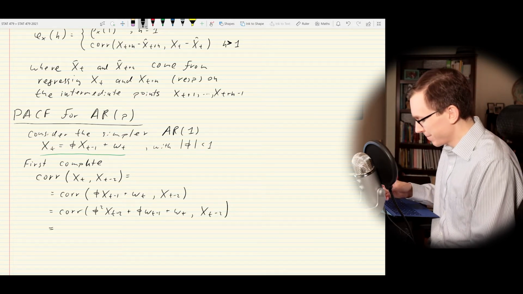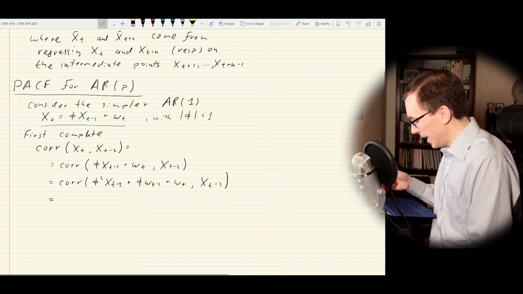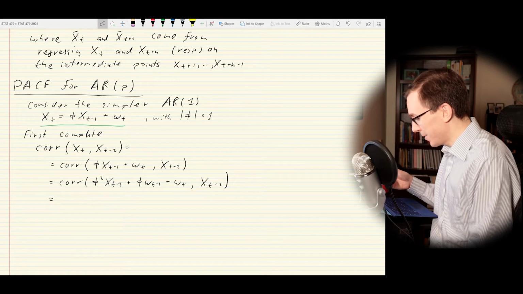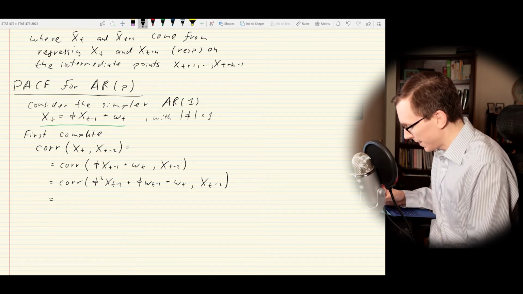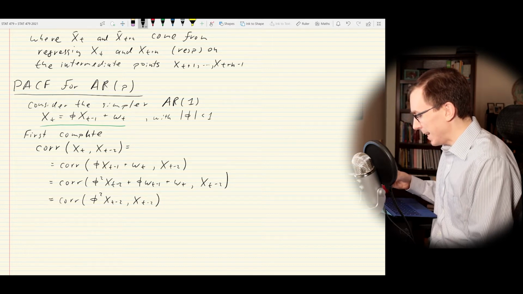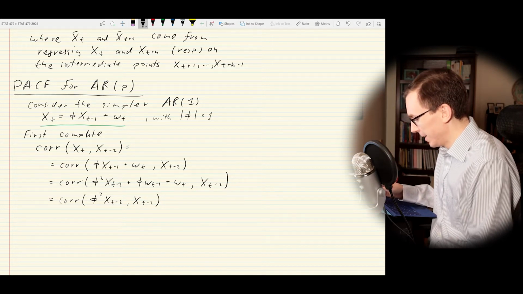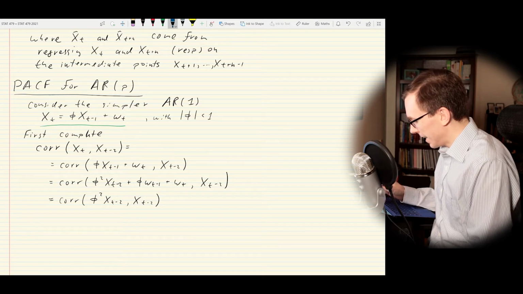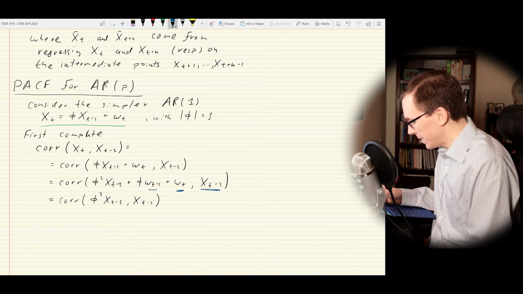Anyway, maybe we should actually write it out as covariance, but we'll just write it out like this, because what's going to happen is there isn't going to be any correlation between x_{t-2} and w_t or w_{t-1}.